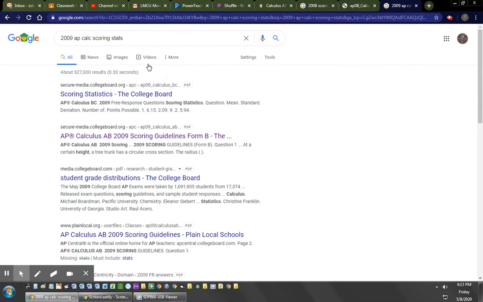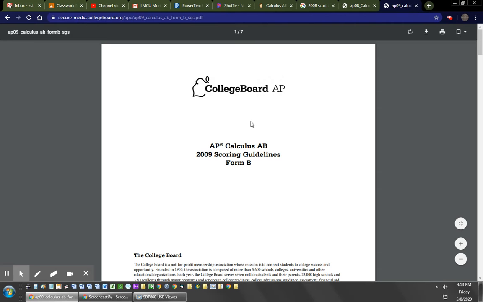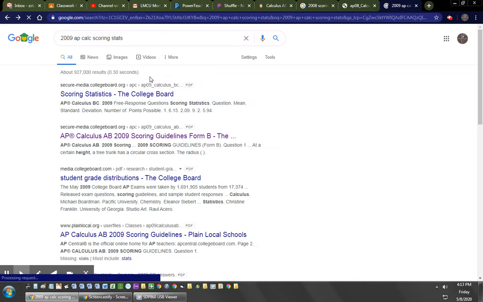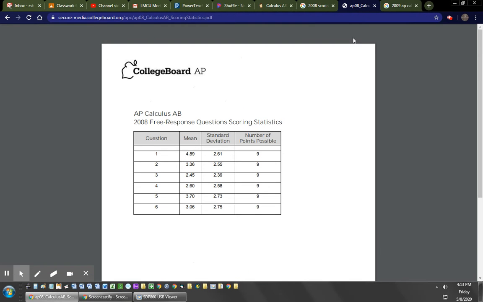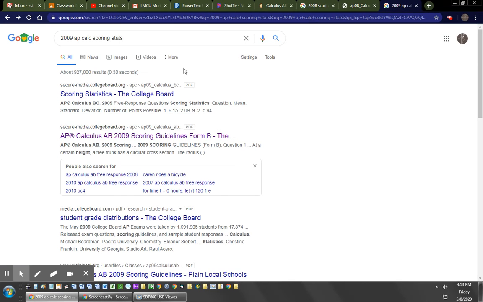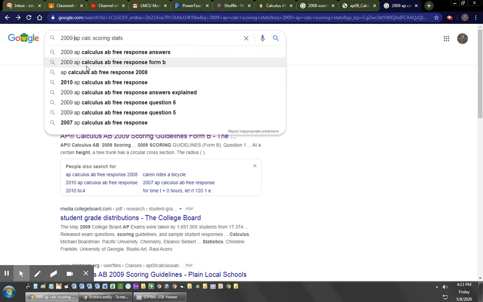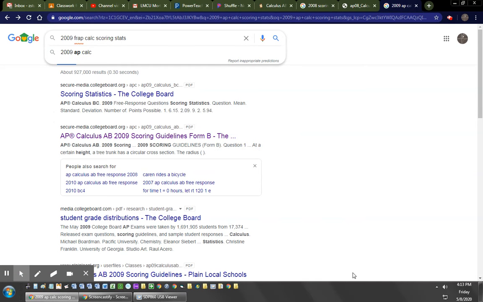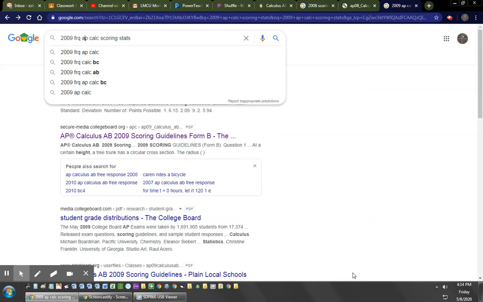I found it just a couple minutes ago. Grade distributions. I don't want the scoring guidelines. I want the scoring statistics. Free response 2009. Free response questions, AP Calc, scoring AB.